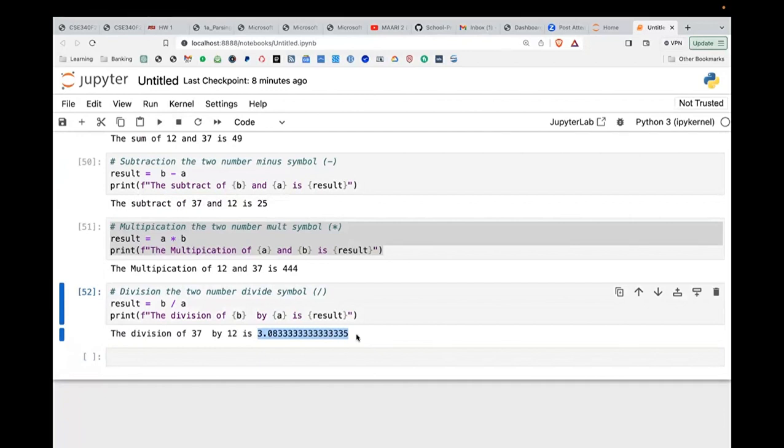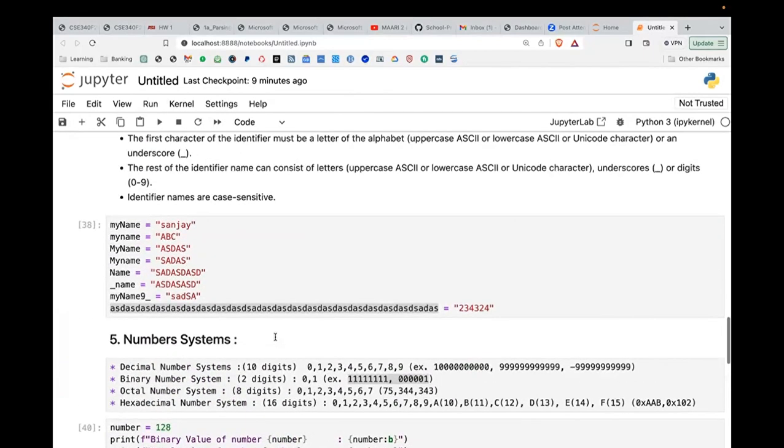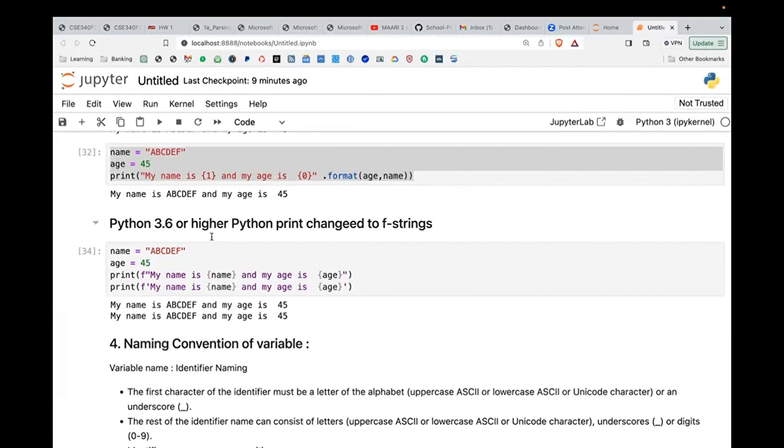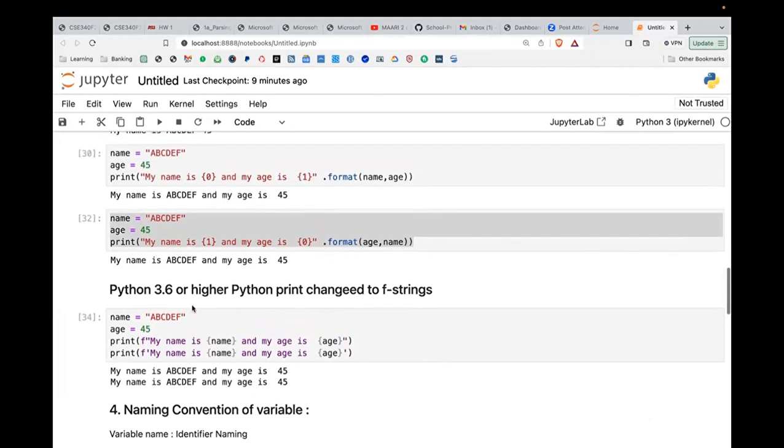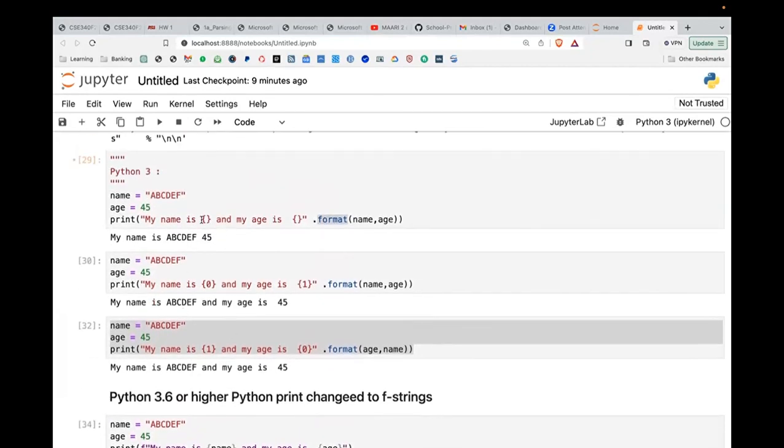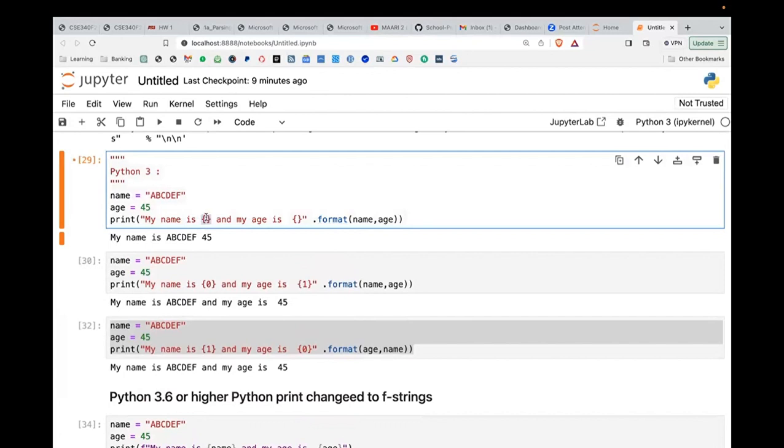Suppose you wanted to represent the result with only 3 decimal points. I told you when I was telling you about the printing statement here. This printing statement with these brackets is used to do the formatting of the string for decimal points in a very easy way.